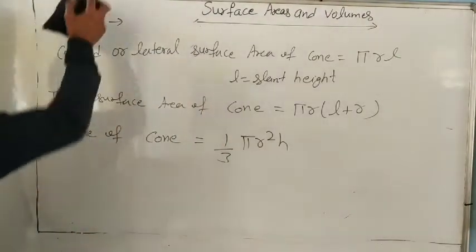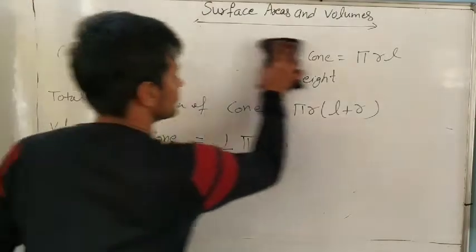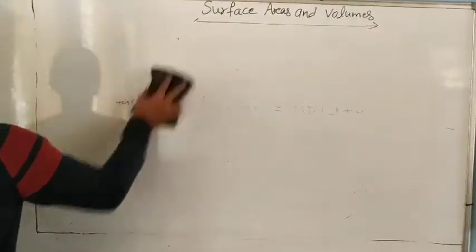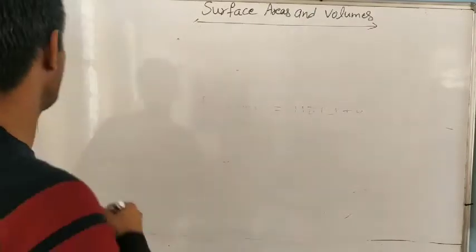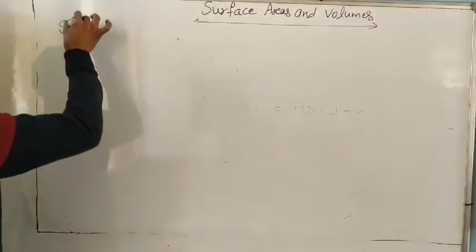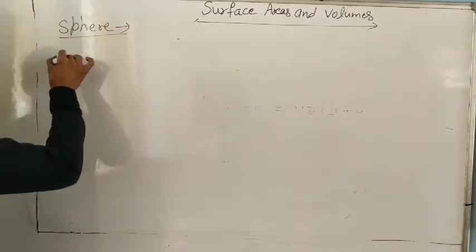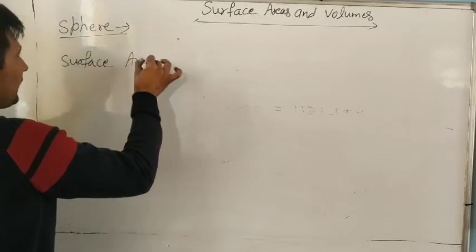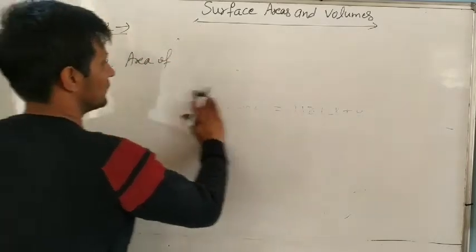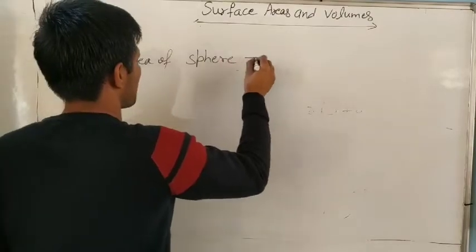Okay. Next is, it is solid sphere. Okay, sphere or not? Right. Surface area of sphere. How much?